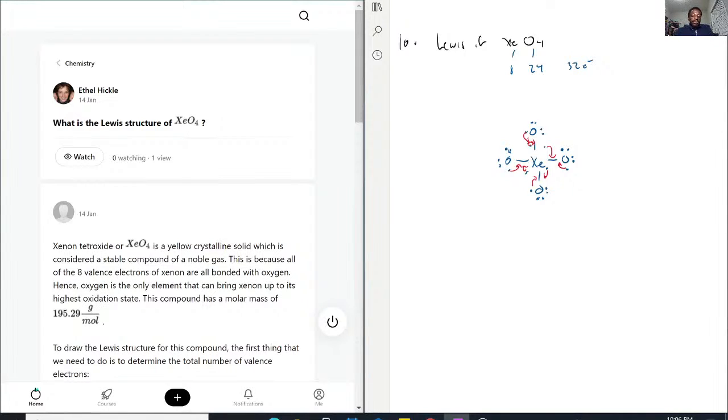So we have xenon in the middle. Let's put it a little bit lower because we need that extra space. And now we're going to have the double bonds on each oxygen. And you can't forget your lone pairs.